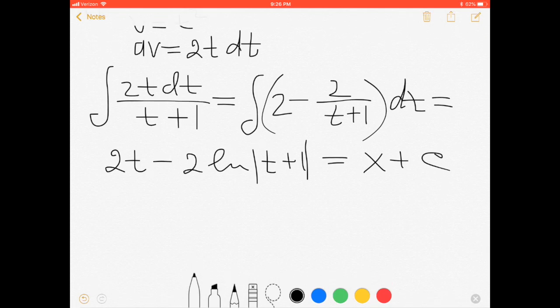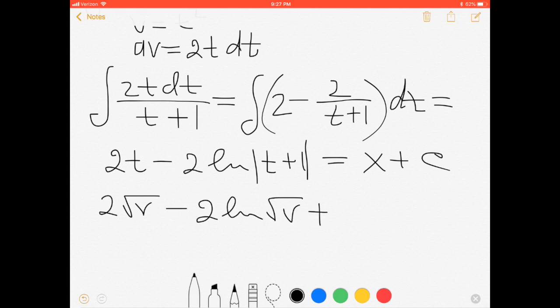Go back and remember what t was. It will be 2 square root of v minus 2 ln of square root of v plus 1 equals x plus c.